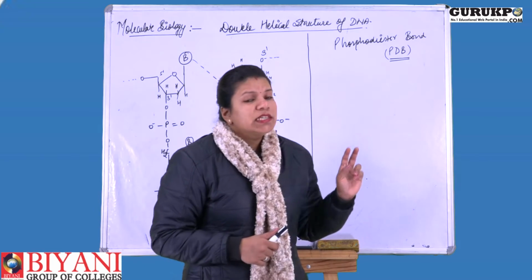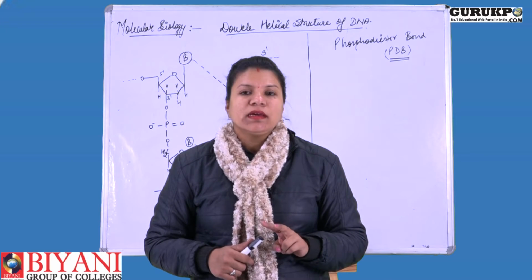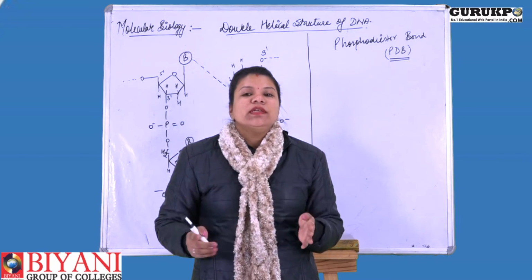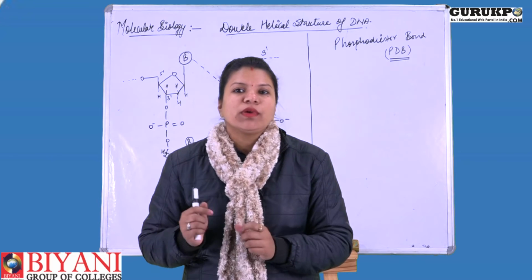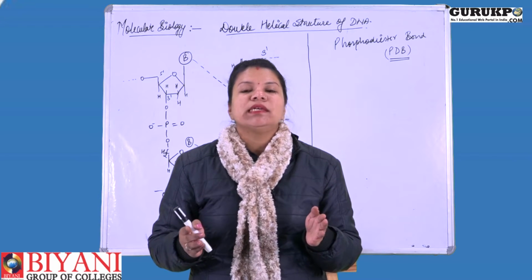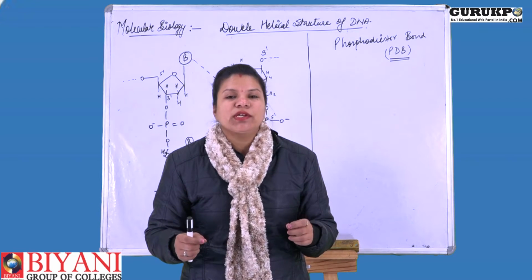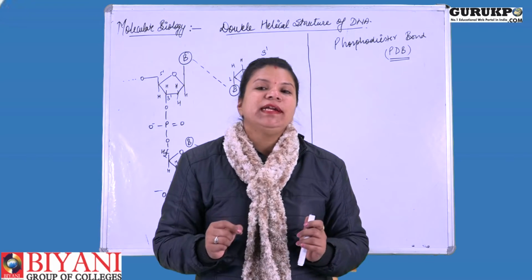So this polarity comes from these two different groups, right? Now these two strands are comprised of the phosphate and sugar backbone, or you can say the pillars of the DNA helical structure, having the strands in the form of a sugar phosphate backbone.